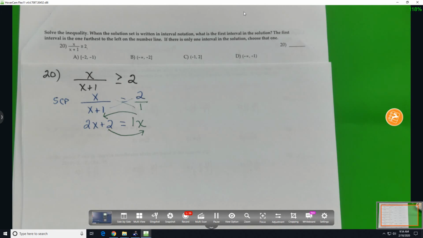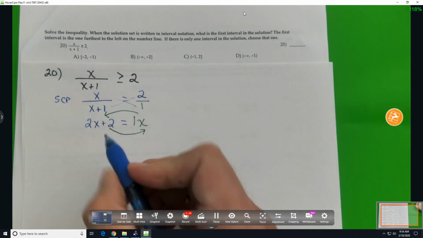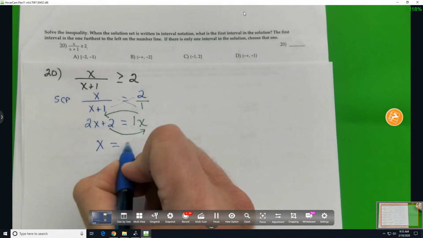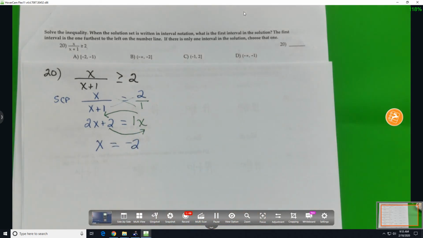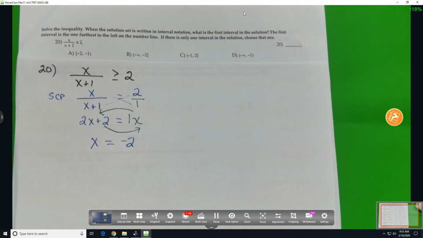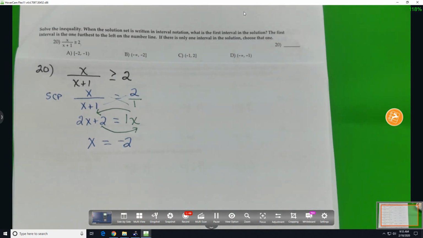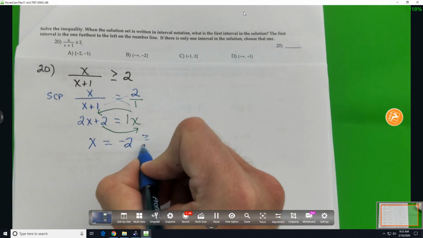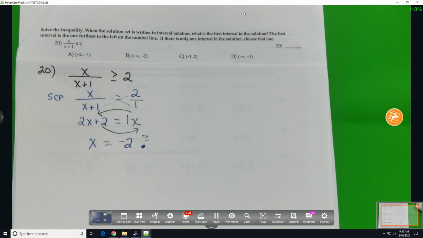2x minus 1x is just x equals negative 2. Open or closed circle? You look at the symbol, so a closed circle. Is there a denominator cut point? Well, yep.